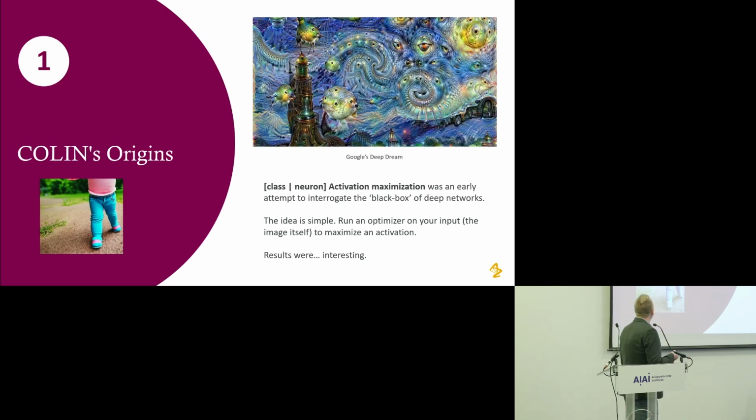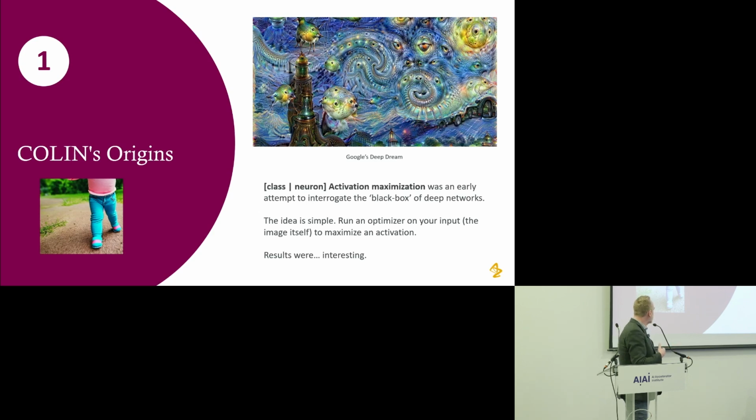So to begin with, what I would call counterfactual rendering really started in a technique that many of you will be familiar with, which is activation maximization. Essentially you take your inputs, your image, and you alter it with an optimization algorithm until you get the answer out of the other end of your network that you want.